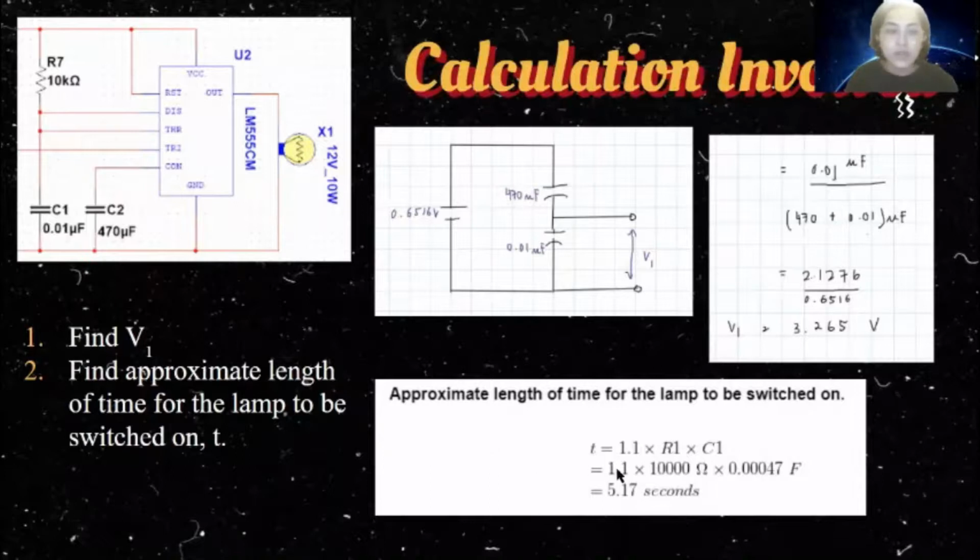Multiplying all those, you get 5.17 seconds for the value of T. So when the door is open, there will be approximately 5.17 seconds for the lamp to switch.